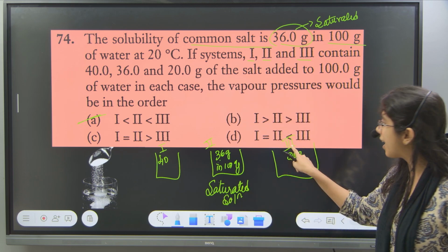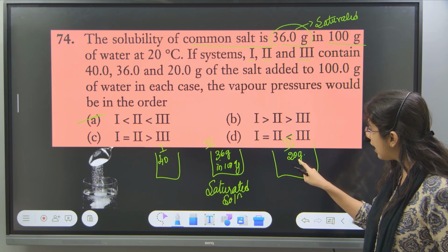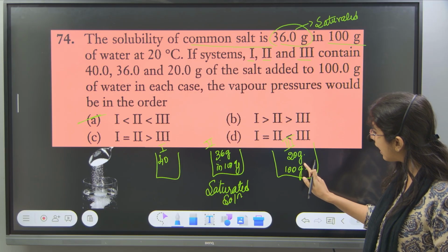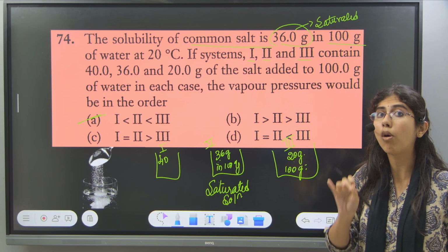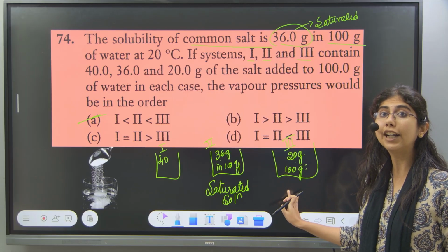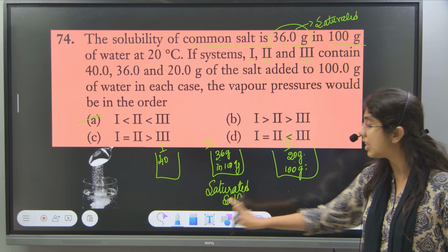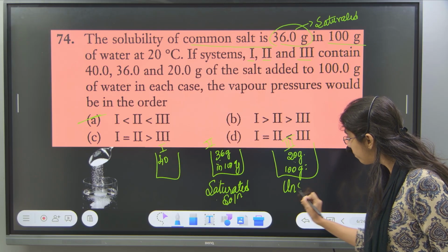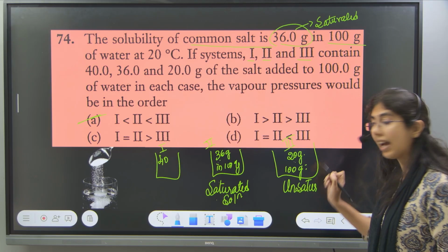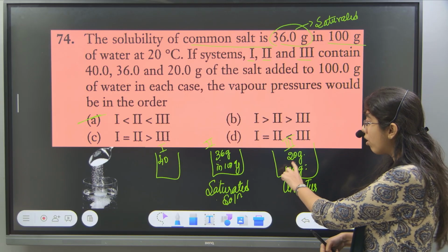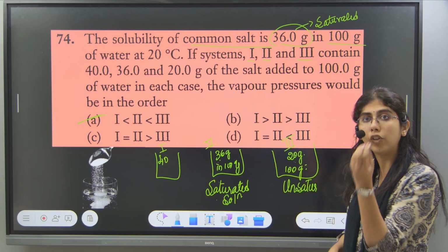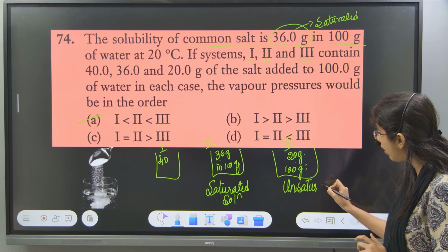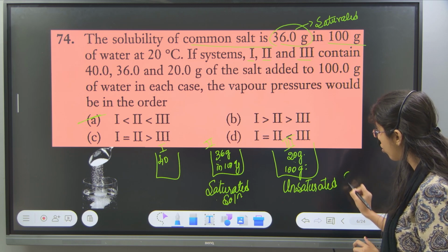Now come to the third part. Here in the same 100 gram of water I have dissolved a less amount of solute. What kind of solution can this be? If this is saturated, this could be unsaturated. Very good. So here I can actually add more solute, but I have dissolved less. I have dissolved only 20 gram of solute over here. I would call this an unsaturated solution.